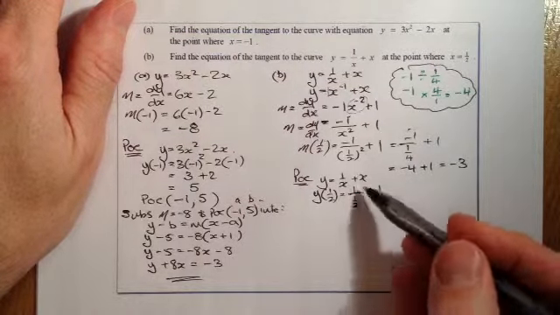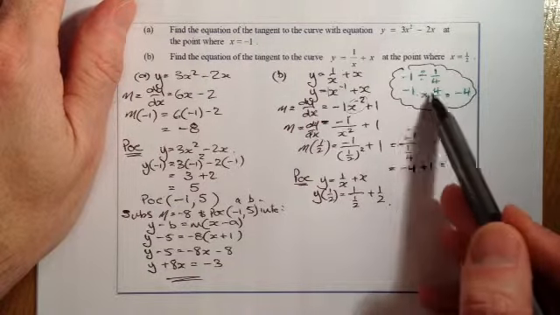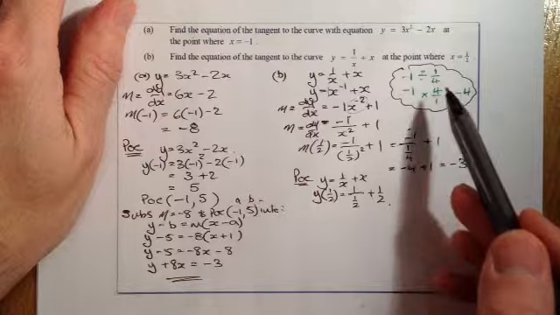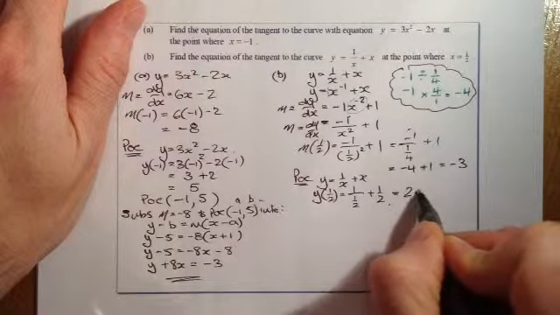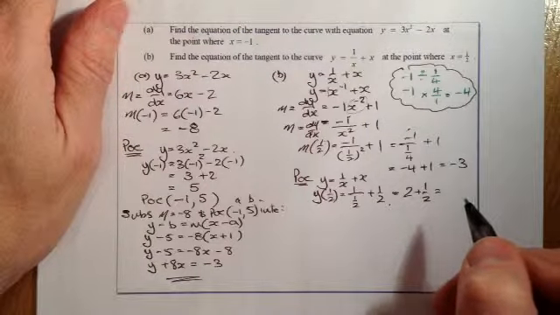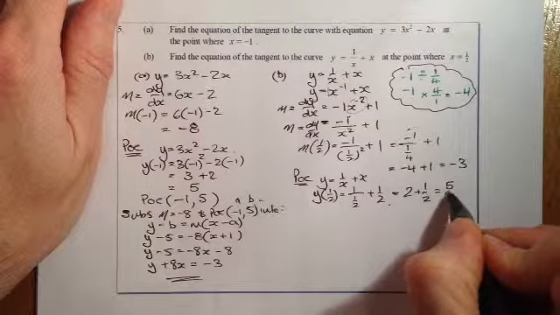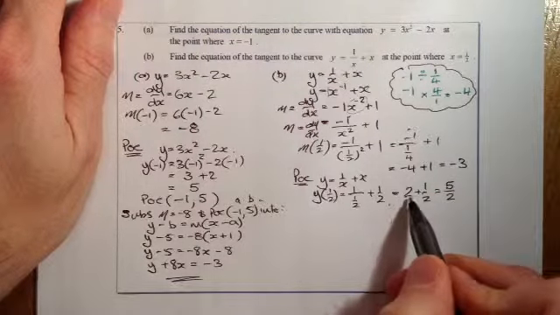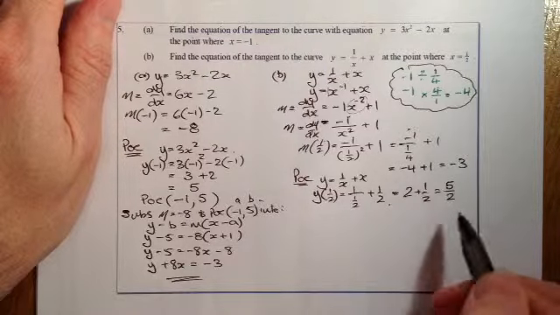Right, so from there I can just do the same as what I've done here. So that's going to be 1 times 2, which just gives me 2. So that's equal to 2 plus a half. And what I can do with that is make it into a top heavy fraction. It's 2.5 as my answer, or 5 over 2, because 2 is 4 over 2, plus another one, 5 over 2.